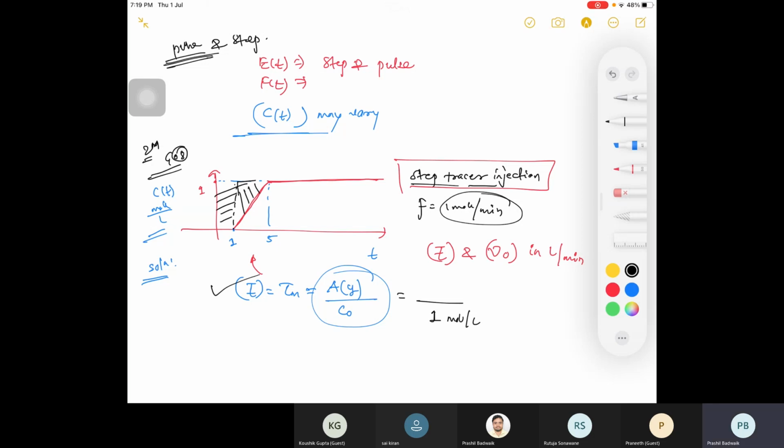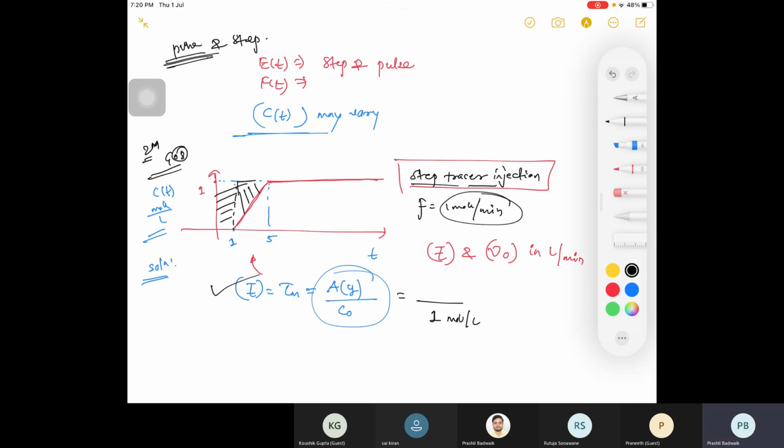Your homework. So whenever you get such a curve and it is written step tracer injection, please be careful with the equation. This is tau mean, or you can say it is mean residence time, and you need to calculate it using area along y-axis. You will find a lot of examples in Octave Levenspiel that ask to calculate your t mean. Maybe around 20 to 23 questions are given. That will be your homework. I'll forward what and all questions are there.